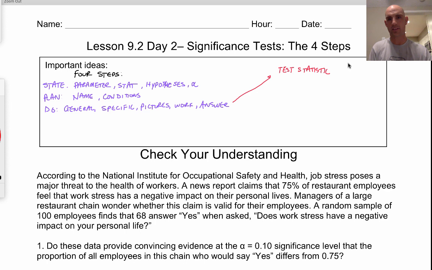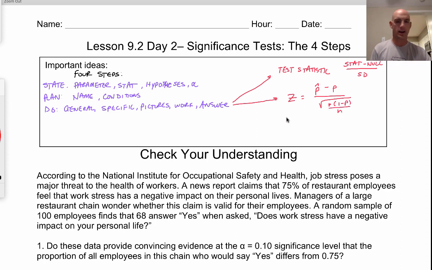That's going to be my stat minus my null, over my standard deviation. Specifically, finding z, which is equal to p hat, which is my stat, minus my null, over the square root of p times 1 minus p over n.